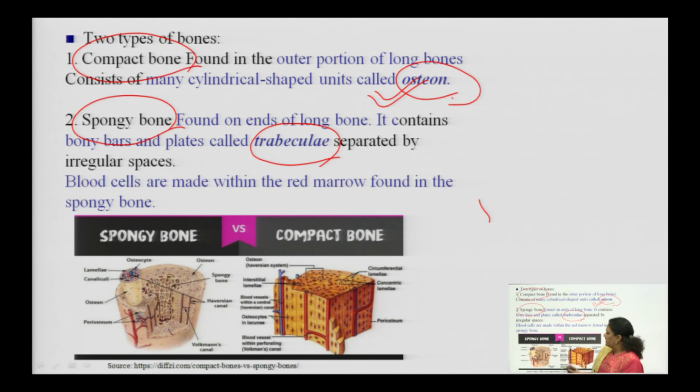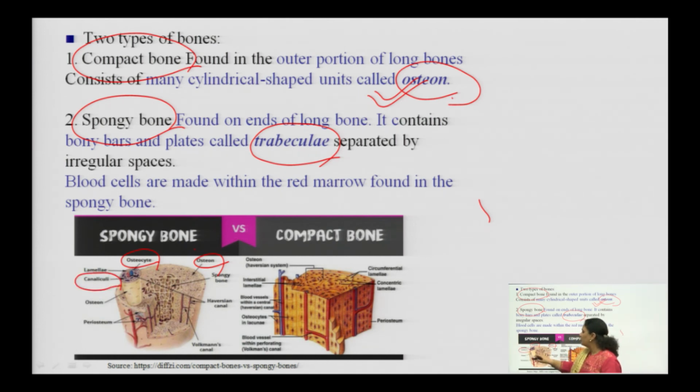So, see this diagram, students. This is the spongy bone versus compact bone diagram. See this spongy bone structure. You will see the osteocytes and osteons. The cells forming osteons are known as osteocytes, and after the osteocytes we have lamellae and canal-like structures named canaliculi.